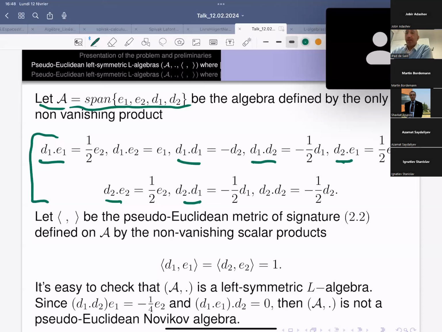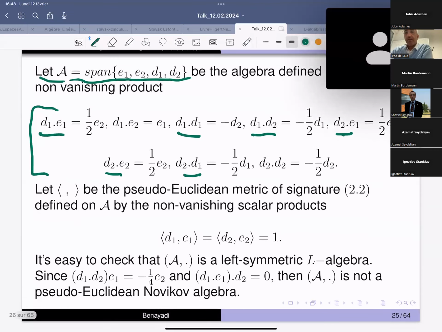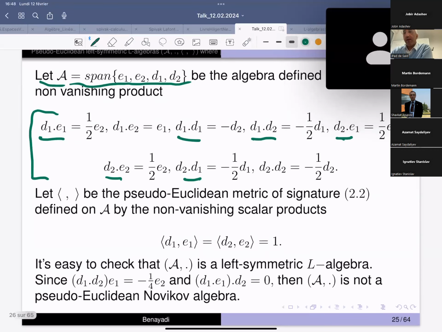But it's not a Novikov algebra, because we have D1, T2, O1 is this one, and T1, E1, T2 is 0, then R is not a pseudo-Euclidean Novikov algebra.